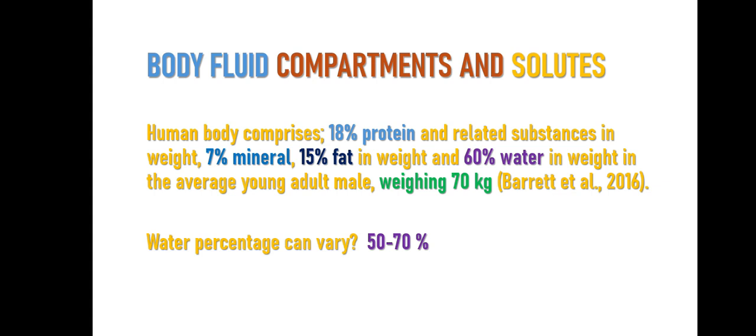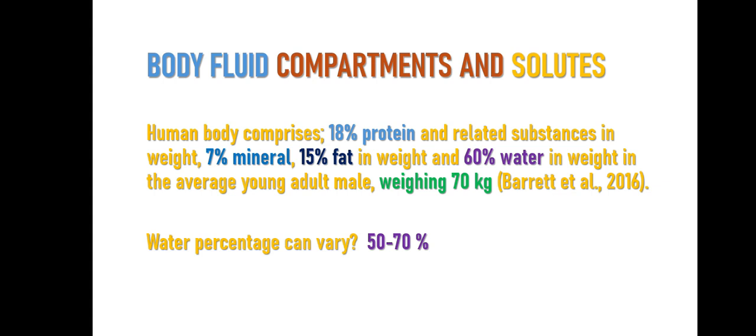The human body collectively contains about 18% protein, 7% mineral, 15% fat, and 60% water. This is approximately for a young adult weighing 70 kg. We must note that body fluid can differ depending on various factors.